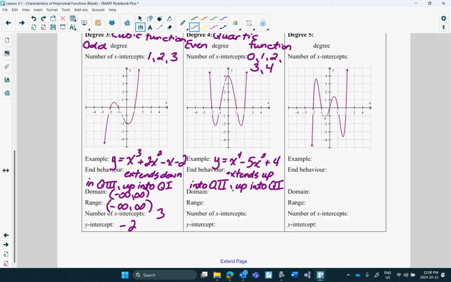So domain, like we've seen all along, is everything. So negative infinity to positive infinity. But the range, well, the range is kind of hard to see, isn't it? Because isn't it below -2? But it doesn't get to -3.